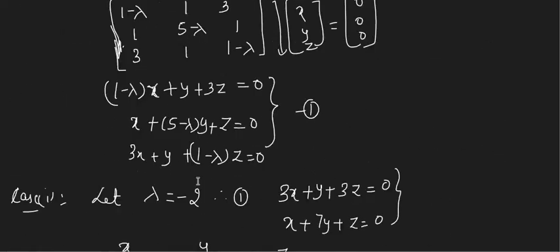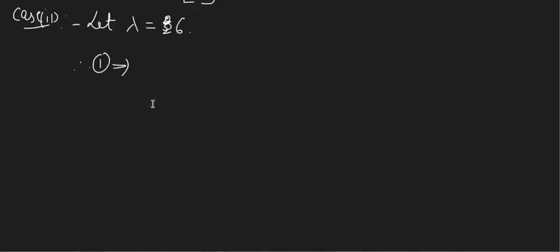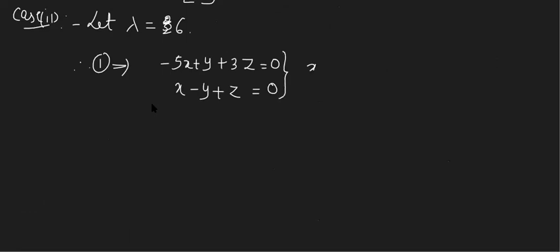Take lambda equal to 6. 1 minus 6 is minus 5x plus y plus 3z. What is the next equation? x plus (5 minus lambda) y plus z.